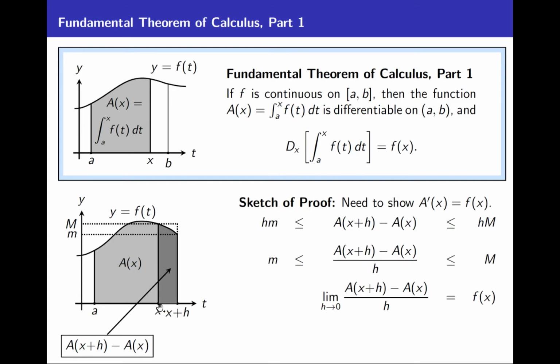And likewise, big M is getting closer and closer to f of x also as h gets closer and closer to 0, as x plus h gets closer and closer to x.